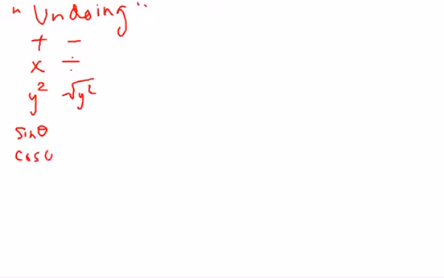Sine, cosine, and tangent are all undone or inversed by inverse sine, inverse cosine, and inverse tangent. Not that we're going to be doing a lot of e's and natural logs, but they're undone by the natural log. So these are all different ways of undoing.